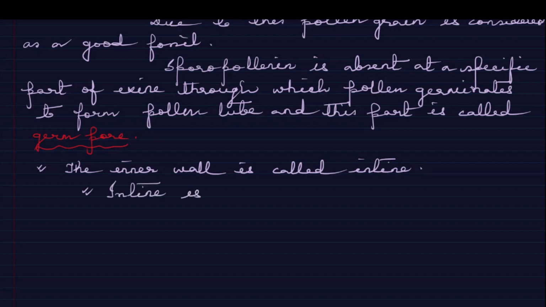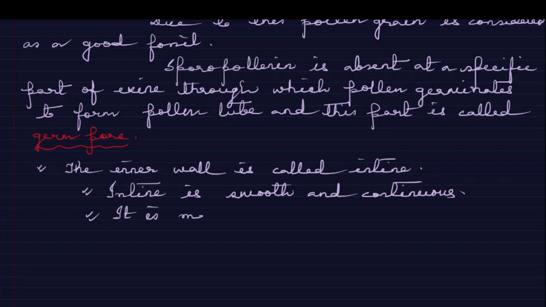And what is it made up of chemically? If you are asked, it is made up of cellulose and pectin. So this is also a 1 mark question or MCQ.